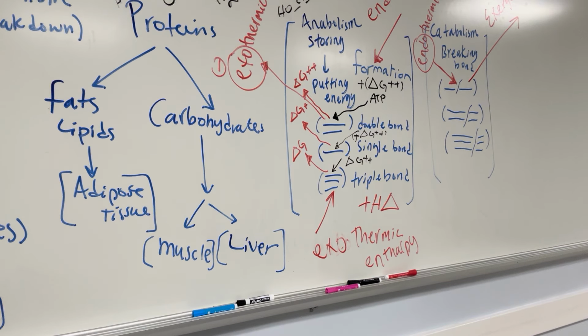Exergonic, because I broke the bond, the energy is not going to be in a broken bond, it's going to leave the broken bond. And since I broke the bond with an exergonic reaction, what happened to the enthalpy, to the delta H, to the heat? Was it endothermic or exothermic? It was endothermic, absolutely. Is that clear?